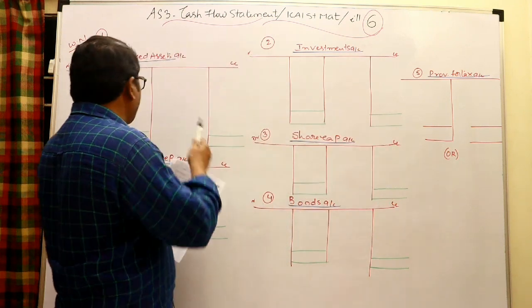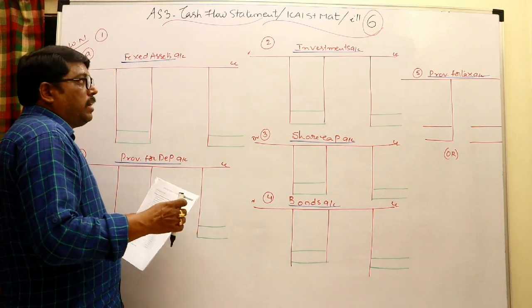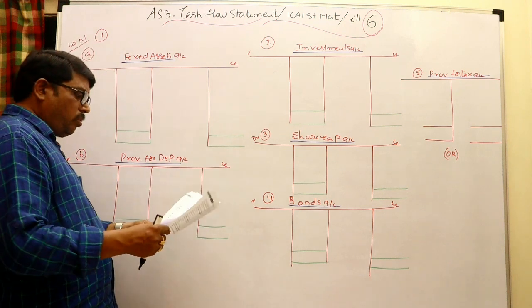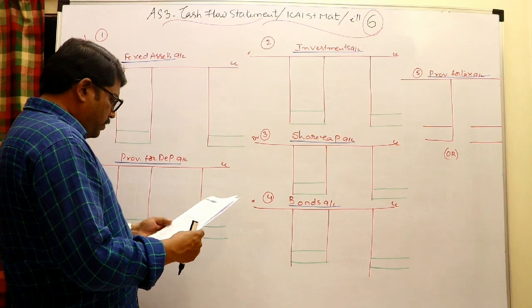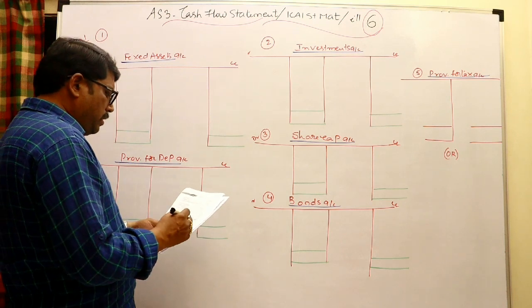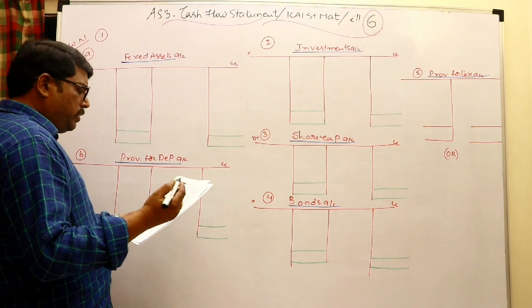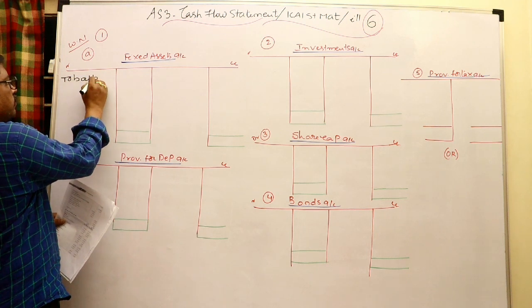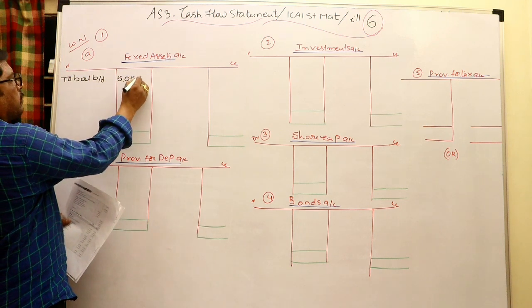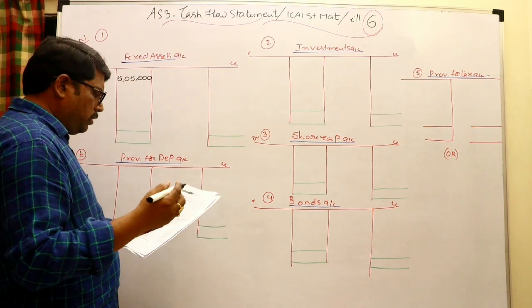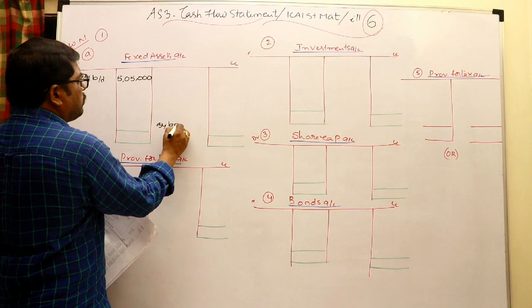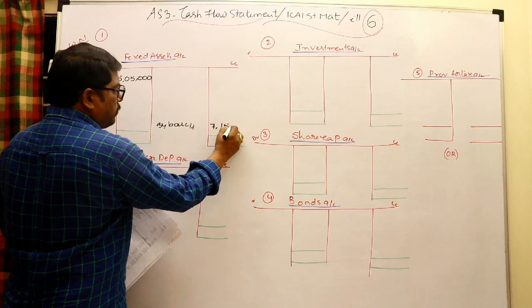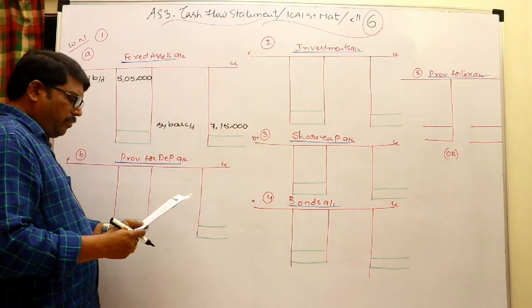Okay, right, I want to know fixed assets, provision for depreciation, investments, share capital, bonds. First I would like to know fixed assets. See that all the data is provided. Given in the beginning 5,05,000 fixed assets; plant, always an asset, has a debit balance, to balance brought down 5,05,000, by balance carry down 7,15,000, 7,50,000.